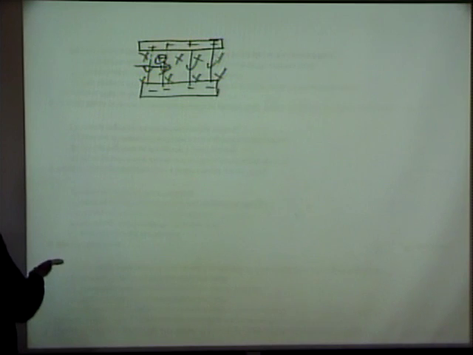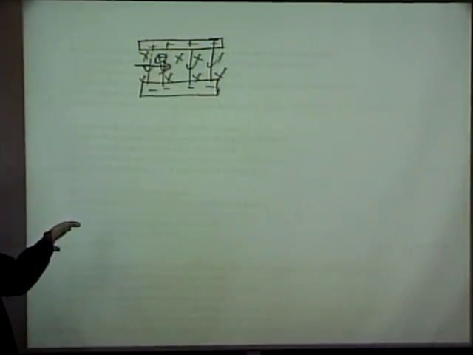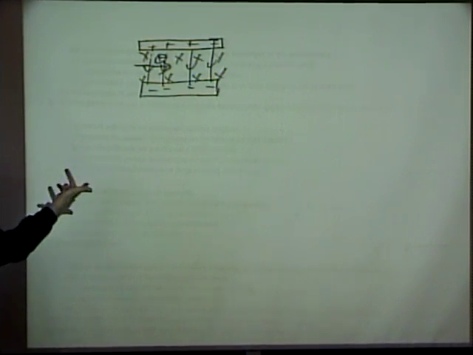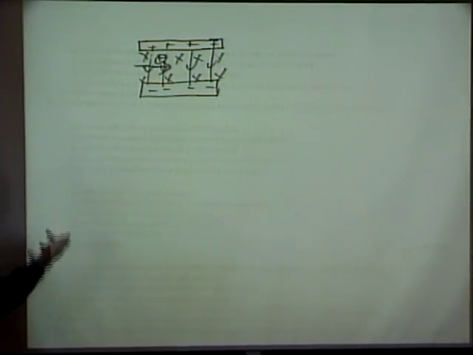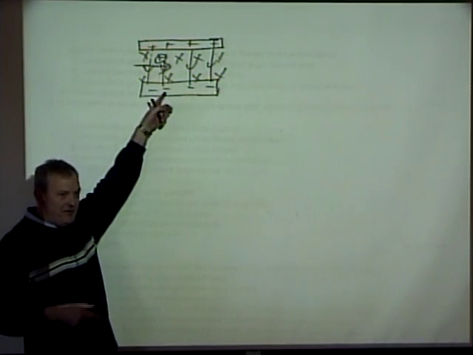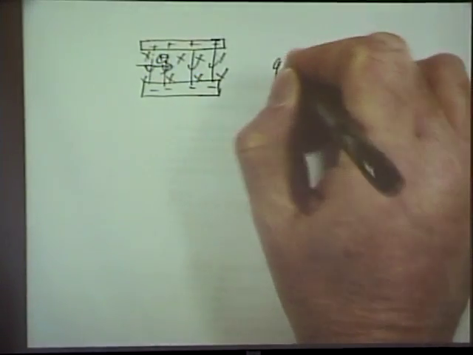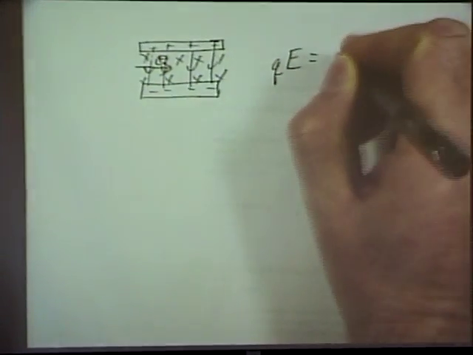So anyway, going into the board, velocity is going that way. So which way is my force? My force by the magnetic field is going up. The electric field force is making it go down. I want those two to equal. In other words, I want QE to equal QVB.